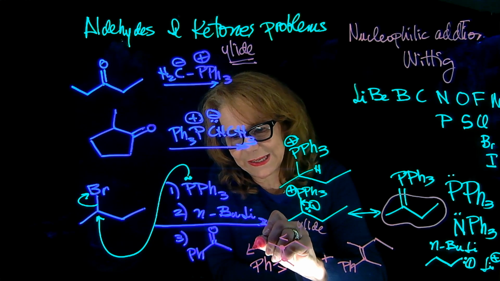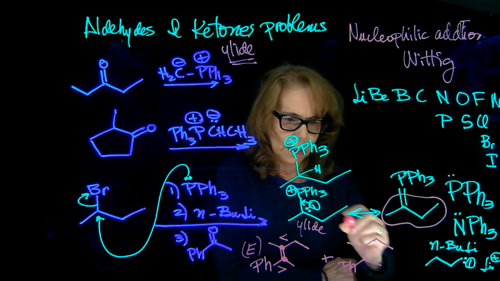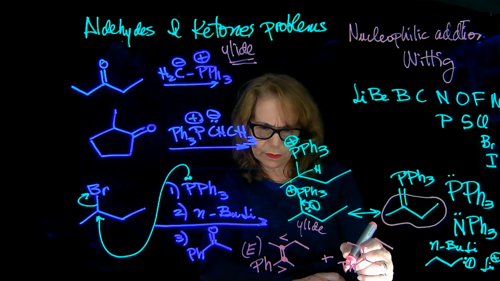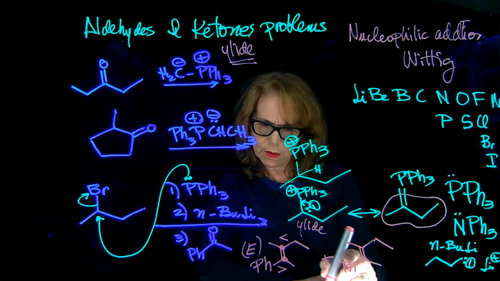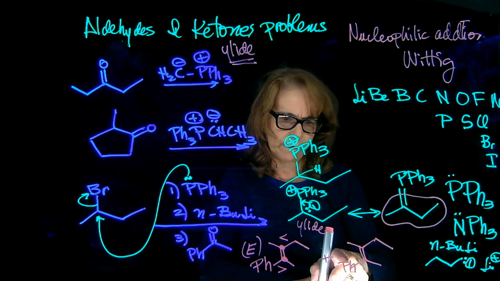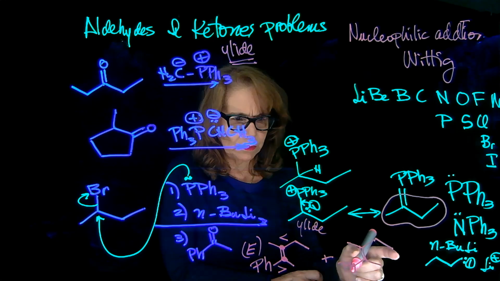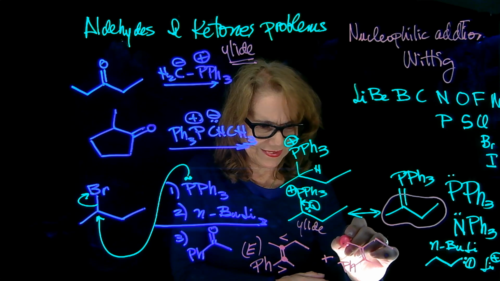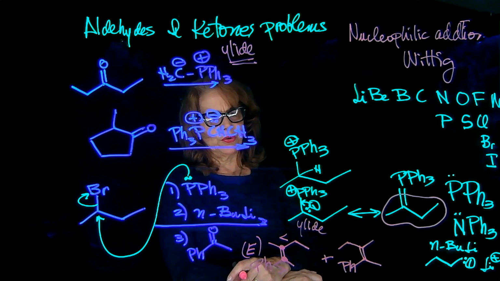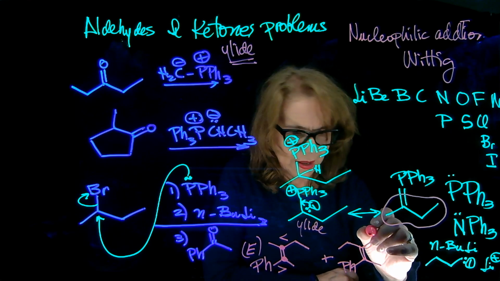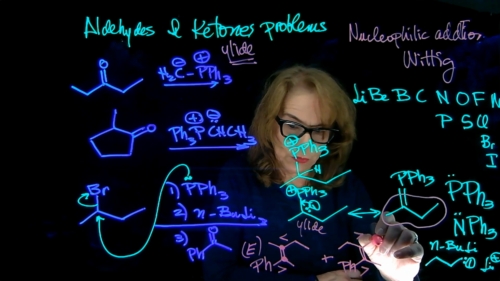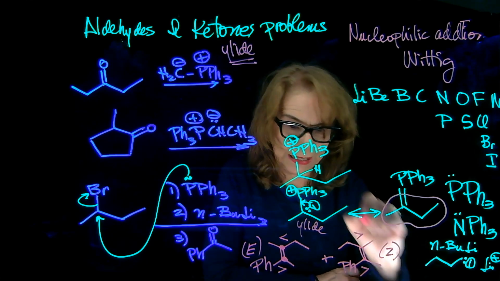That is the E alkene. Now I have the two methyls on the same side. I can see that the two highest priority groups are on the same side, and so that is the Z alkene.